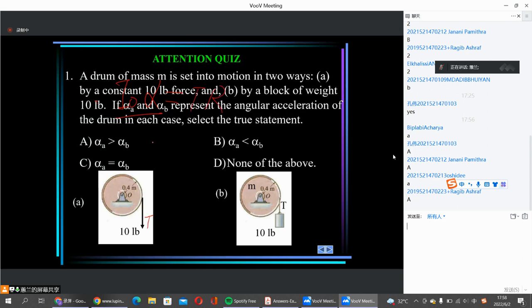So alpha A, alpha B depends on the tensile force. This tensile force is equal to 10 pounds. How about this tensile force? Will it be smaller or larger than the 10 pounds? Will it be smaller or larger? Can you tell me?